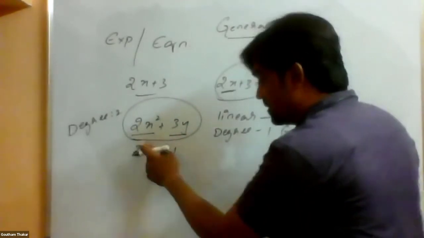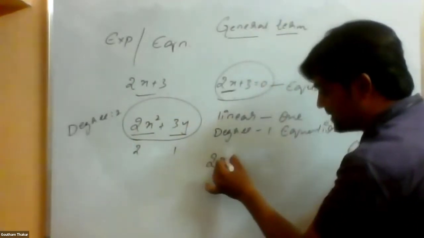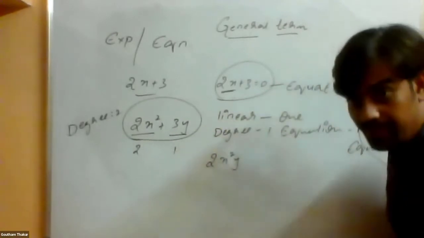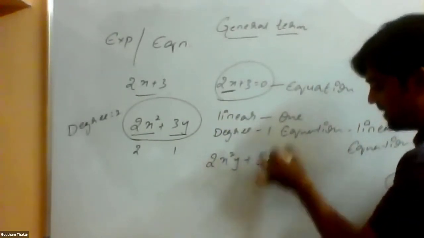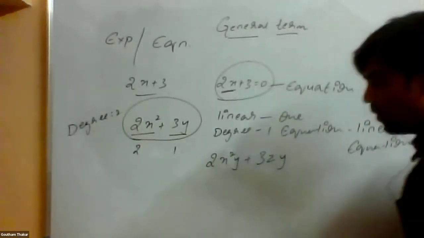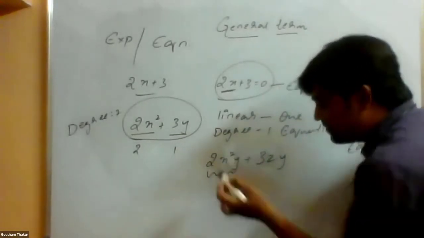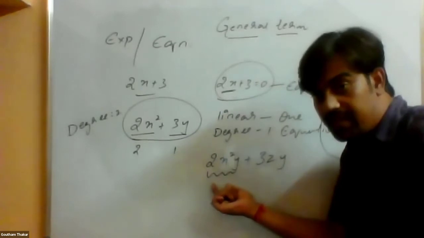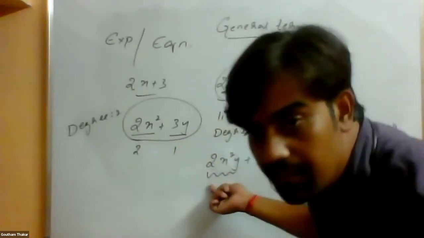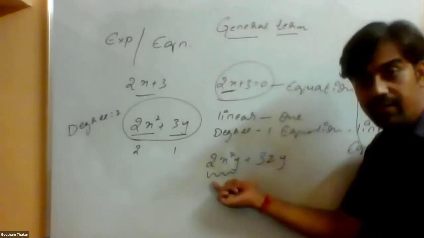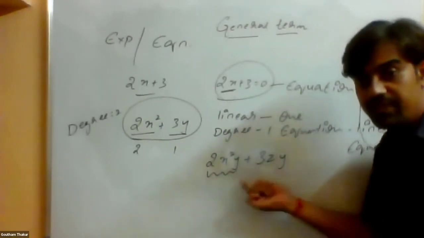For example, I have an expression like this: 2x square y plus 3z y. To calculate the degree of one particular term, we have to add the powers. Don't get confused between these two.